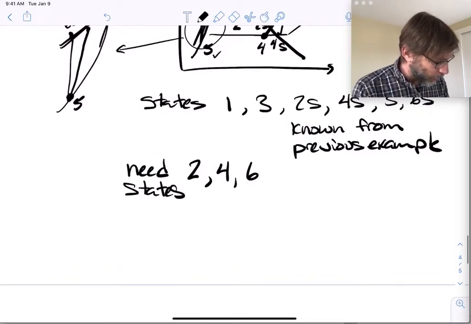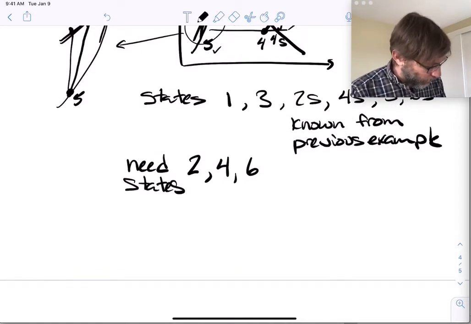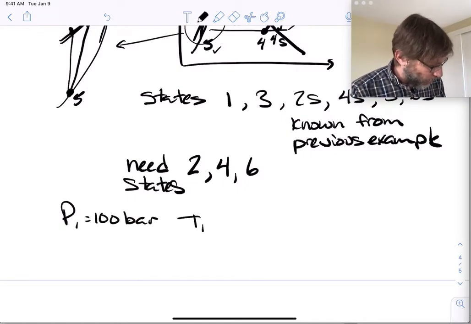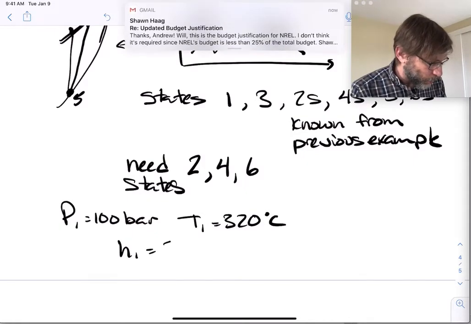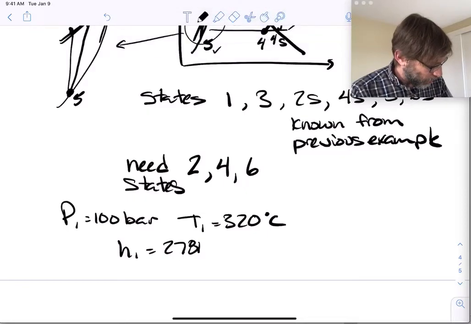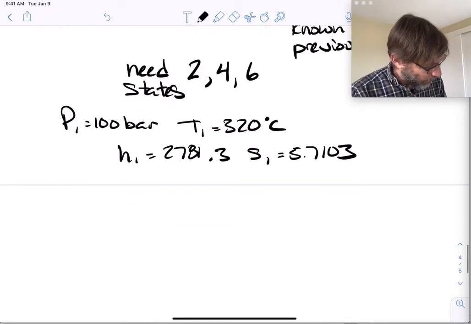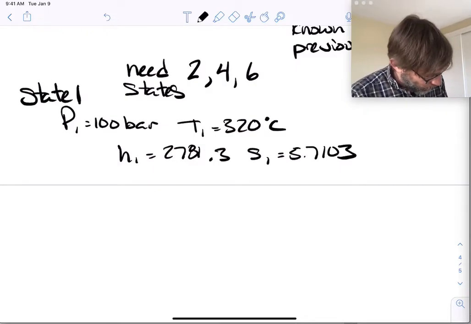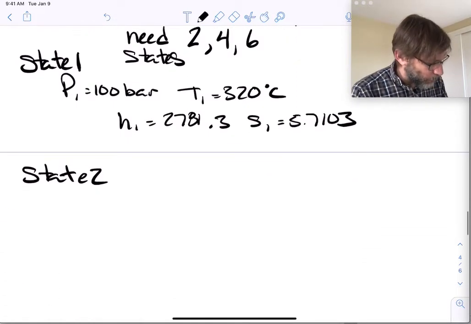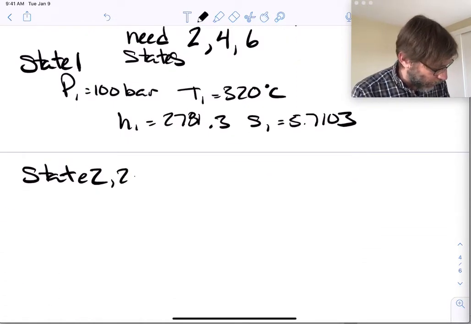So finding state 2. If I want to find state 2, we know that P1 equals 100 bar, and T1 equals 320 degrees C. We know that H1 equals 2781.3, and S1 equals 5.7103. So we need state 2, 2s, right?